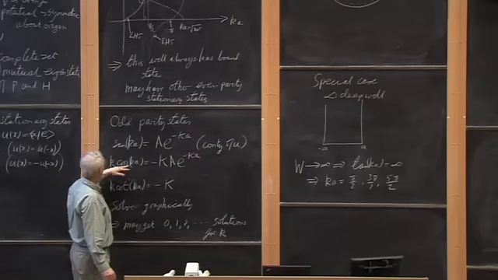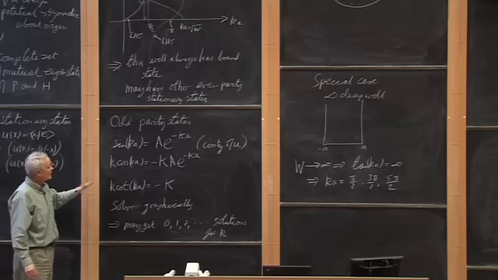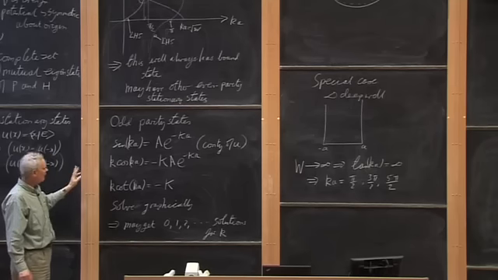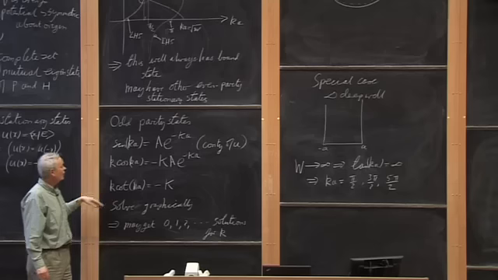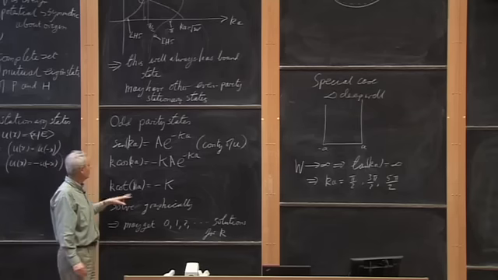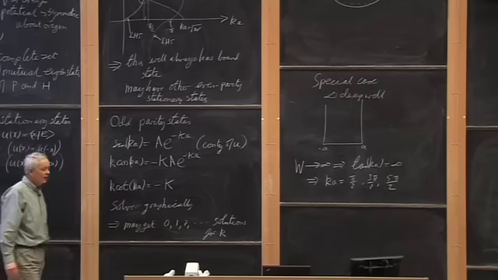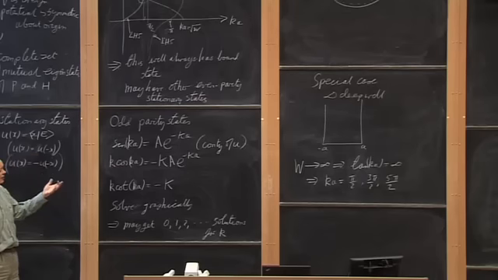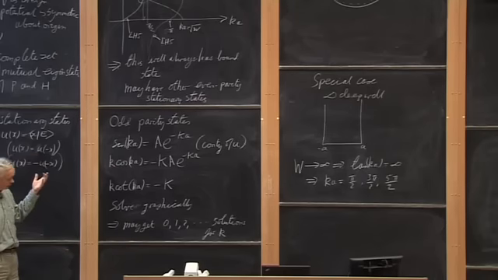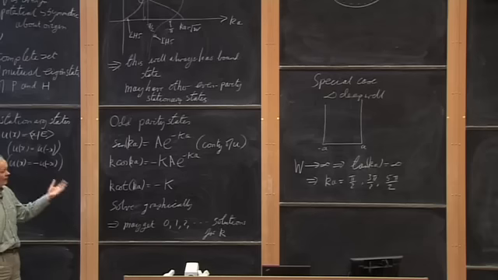And when you study the corresponding problem for the odd parity states, which we just vaguely discussed here, it's going to be the same deal. We're going to be solving an equation which says that cot Ka is infinite, and that means that Ka is going to be pi, 2 pi, 3 pi, and so on.